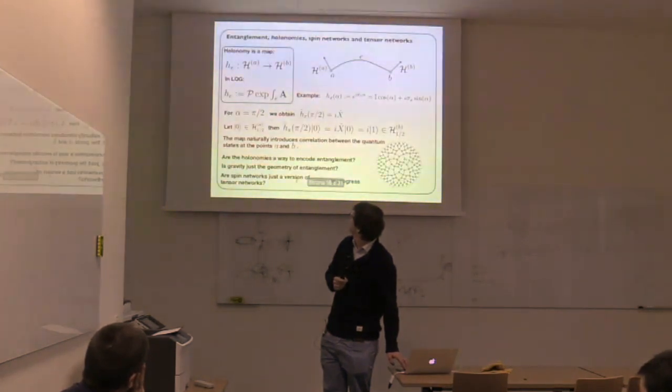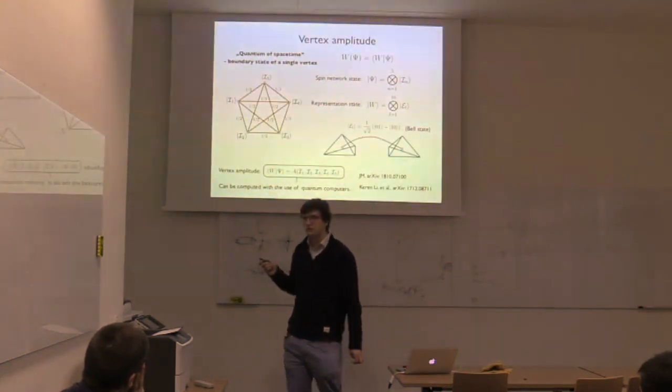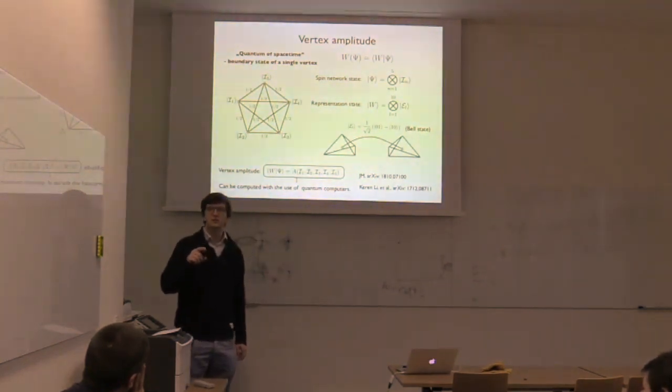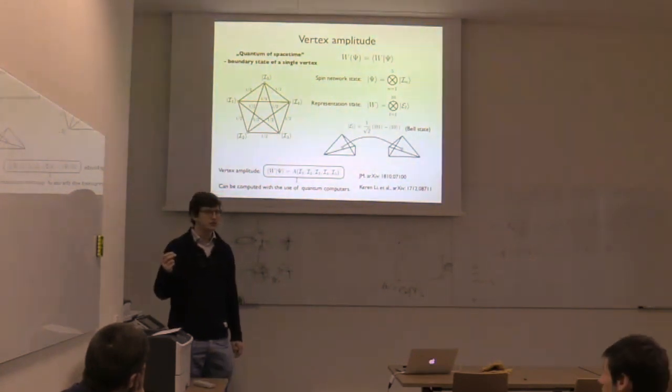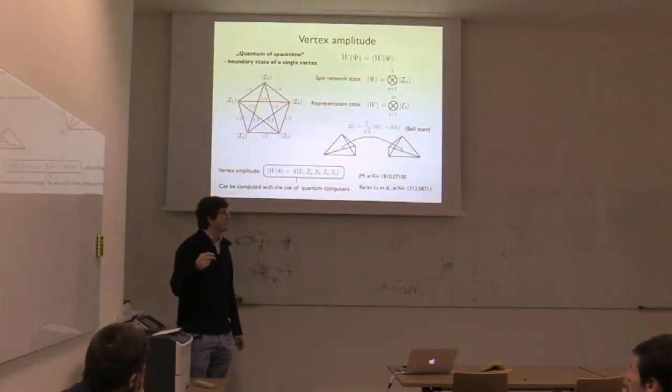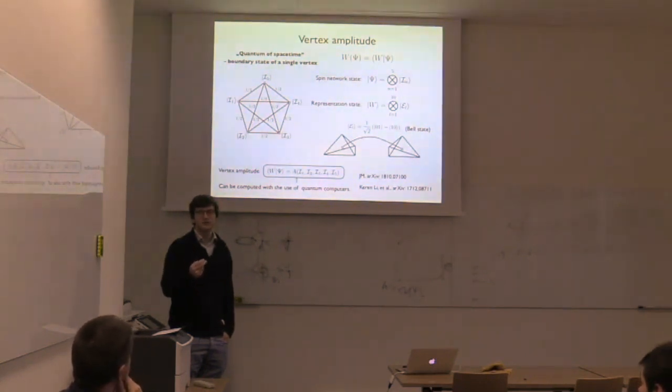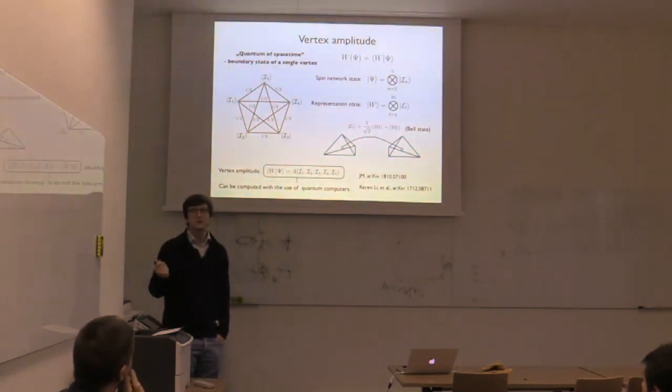This amplitude is proportional to, as I mentioned, the 15J symbol, one of the Clebsch-Gordans. And at least from what I know from my colleagues, there are numerical difficulties with the extraction of these numbers using the algorithm they used.